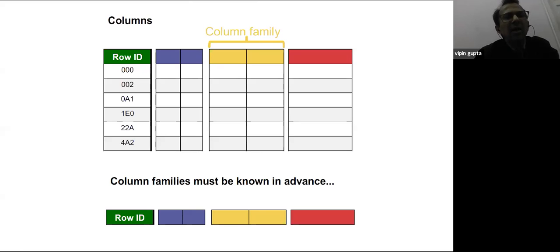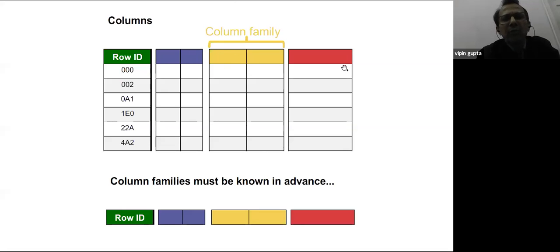In my case, I have personal details, then professional details, and I might have certain habits. Generally what we do is keep creating columns: name, age, city, then habits, then professional qualification. But here what we do is create column families.